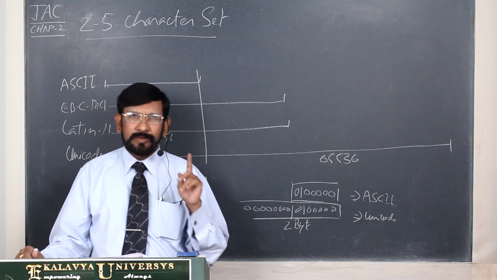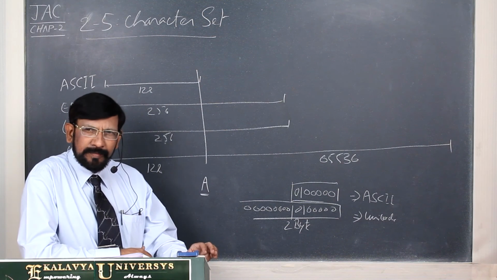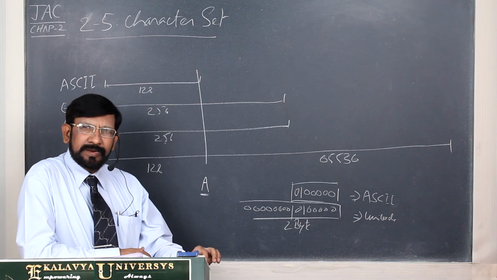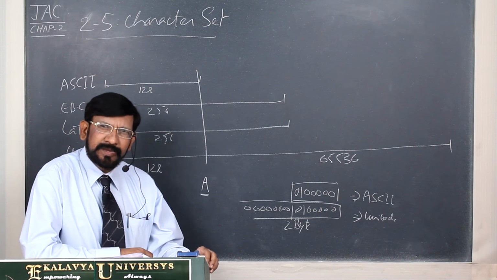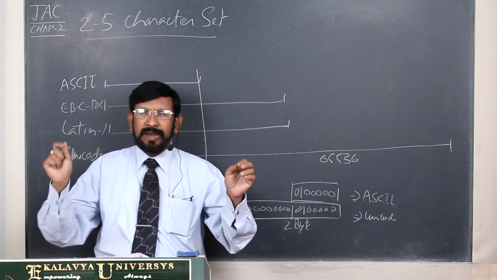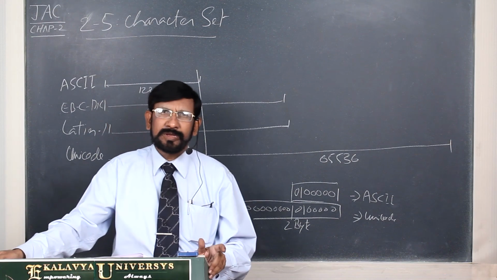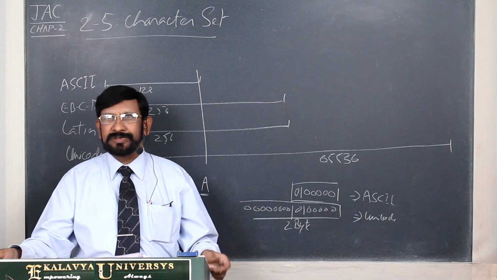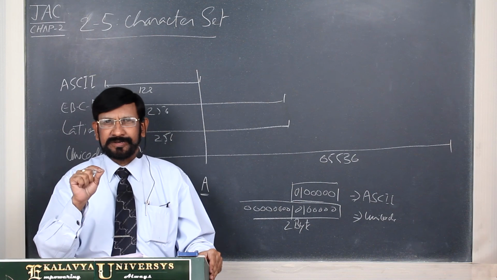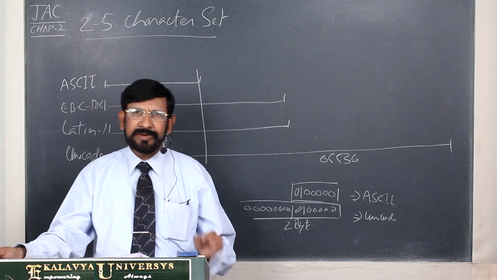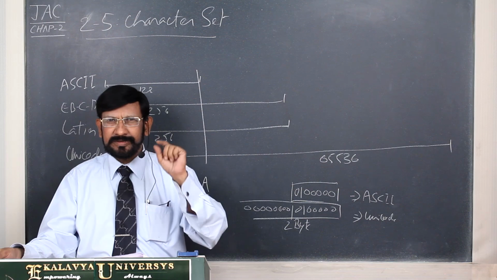So, you must understand one thing, character is the basic element. By collection of characters, tokens are created. By collection of tokens, instructions are created. By collection of instructions, a program is created. A program is nothing but a set of characters.